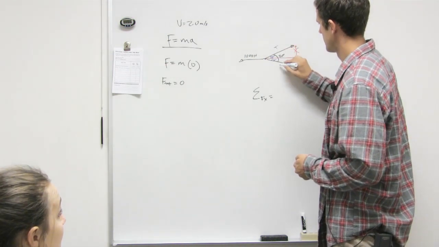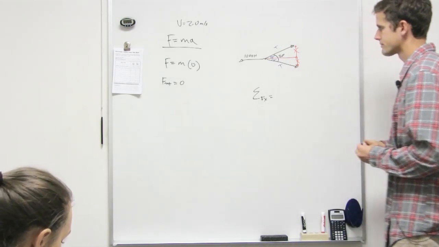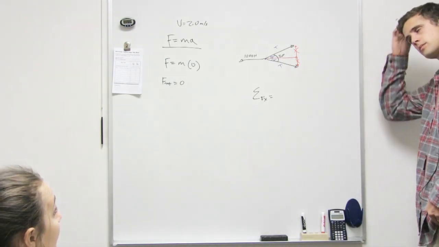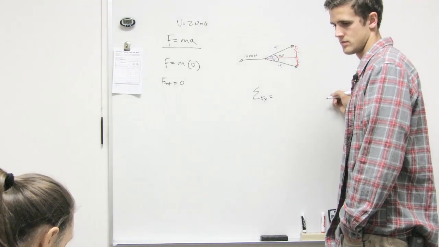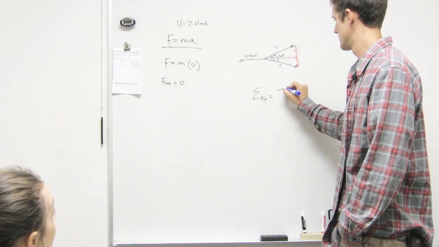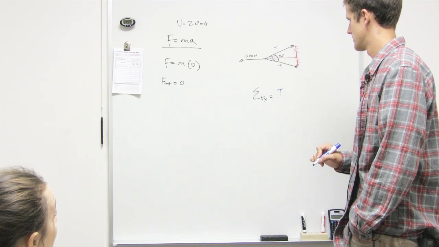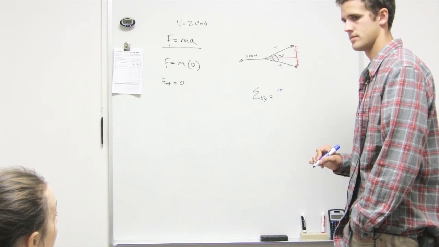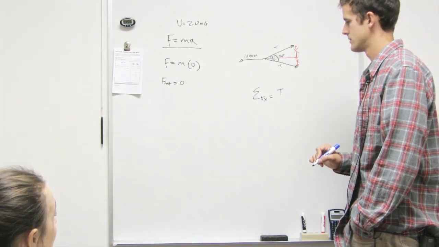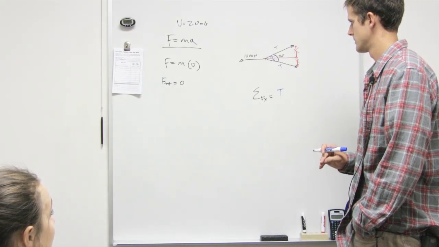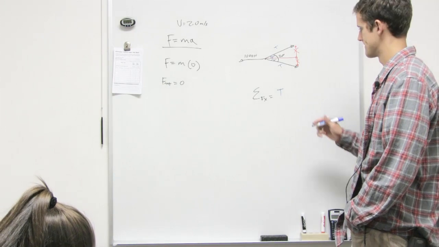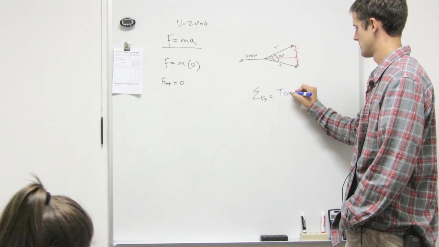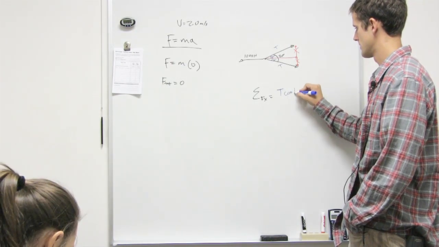Let's call this T. So we want adjacent equals T. Man, I used to know these so well and I don't remember anymore. It's cosine. Cosine of 10.